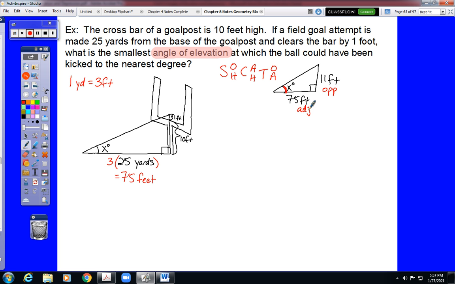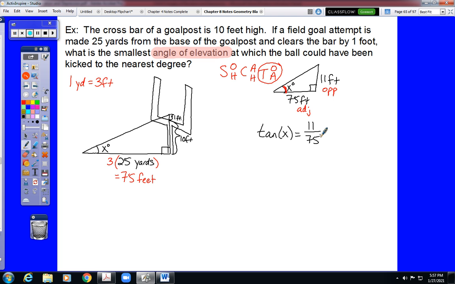Name the two sides that we're working with. That would be the opposite and the adjacent. Look at your options. Sine is opposite over hypotenuse. We don't know hypotenuse. Cosine is adjacent over hypotenuse. We don't know hypotenuse. This, again, is a tangent problem because tangent is opposite over adjacent. Set up your equation. Tangent of x equals 11 over 75.